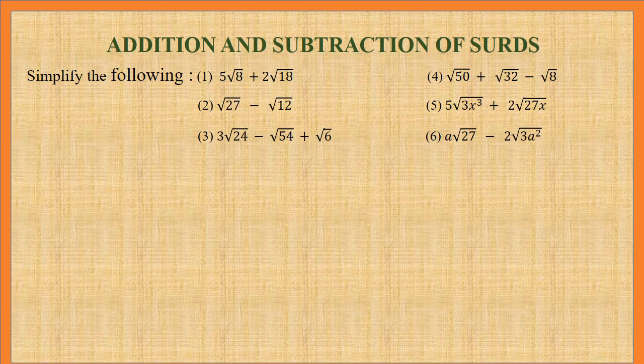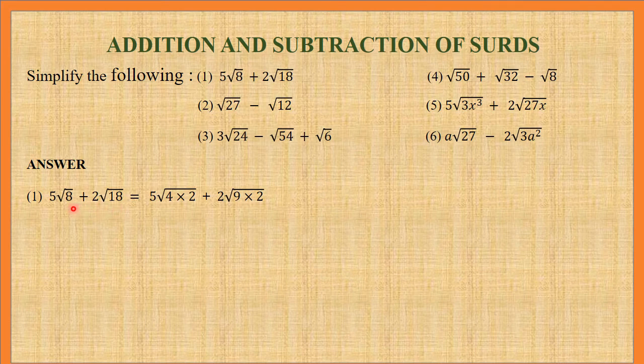So let's look at the first example. When we have square root of 8 plus 2 root of 18, we can see that under this root we have 8, under this we have 18. They are not the same, so we can't add right away. We have to check to see whether they can be simplified.